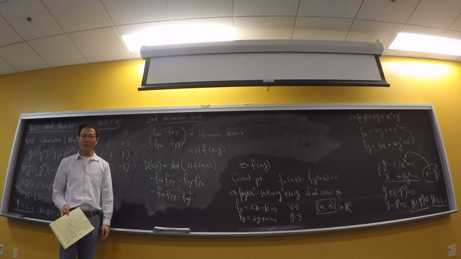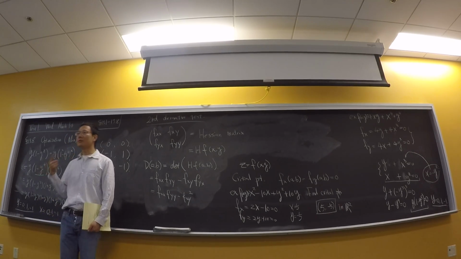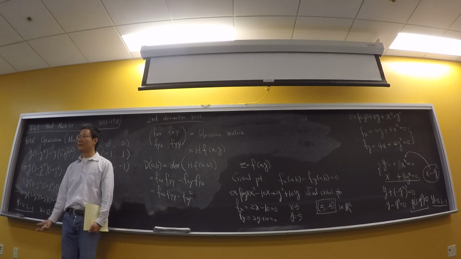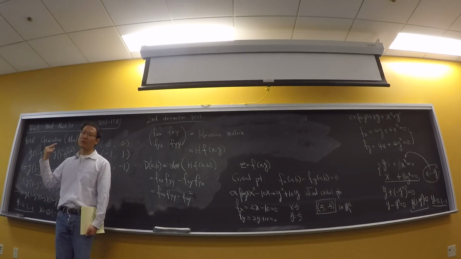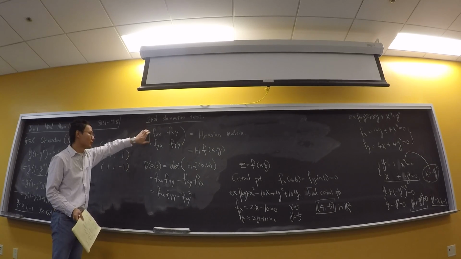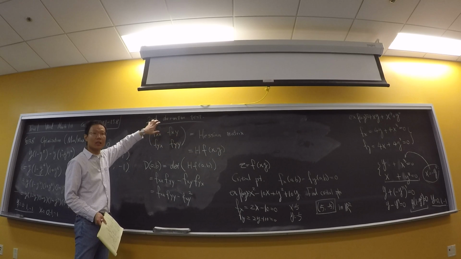In a single variable case, if you remember, we have a single second order derivative. If it is greater than 0, then we know it is a local minimum. If it is less than 0, we know it is a local maximum. For the second order derivative test, we have two variables, so we have to put all the second order derivatives together and study the property of this matrix.